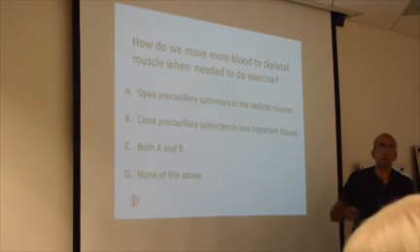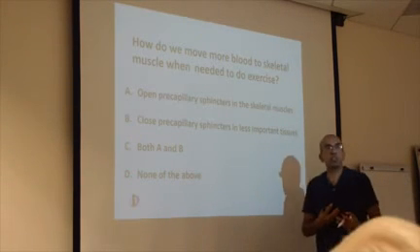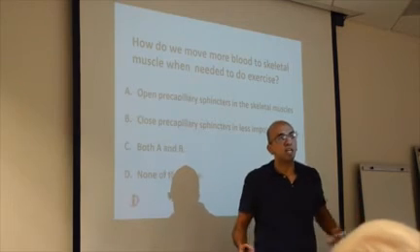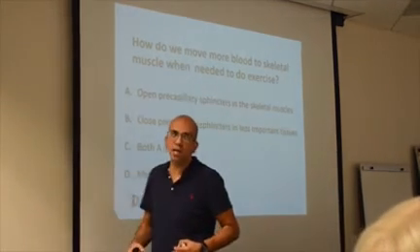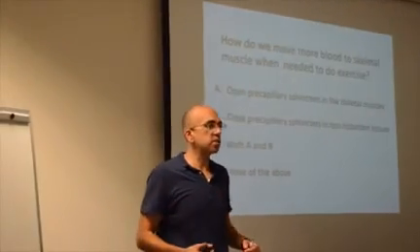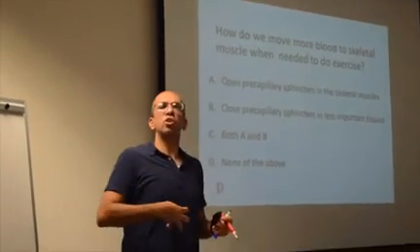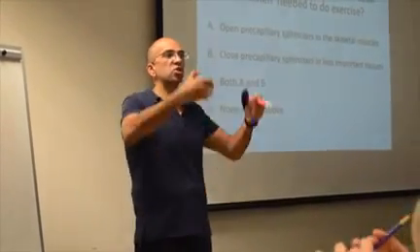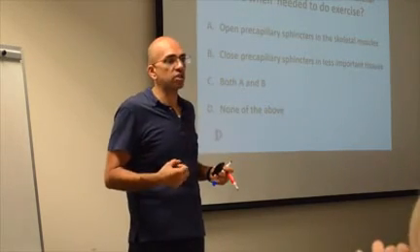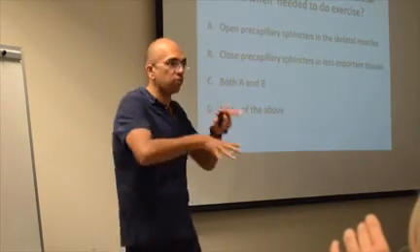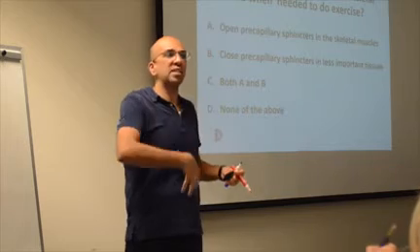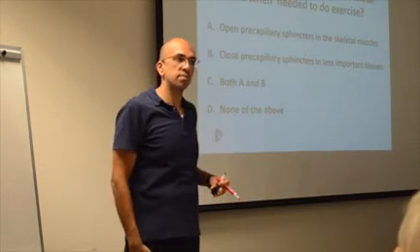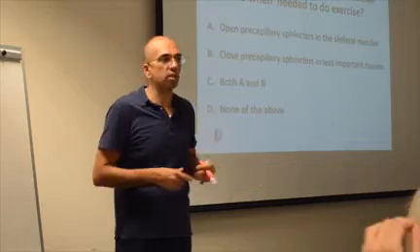Both A and B. Remember, you need more blood delivered to your skeletal muscles, so you dilate the precapillary sphincters located around the capillary beds of your skeletal muscles. At the same time, for example, you want to reduce the amount of blood going to your gastrointestinal tract. So you will constrict the precapillary sphincters going to the gastrointestinal tract to divert the blood from less important organs to more important organs that you're going to use during exercise, like your heart and your skeletal muscles.